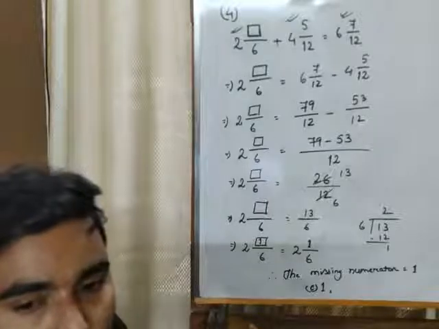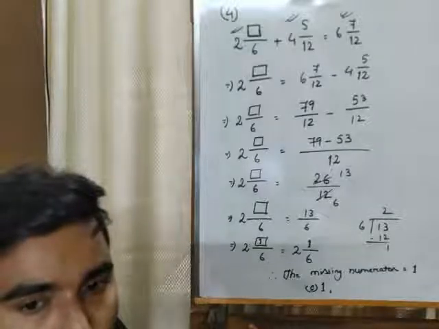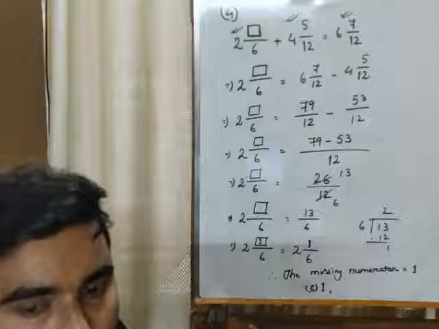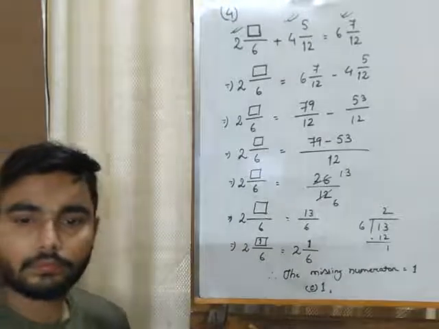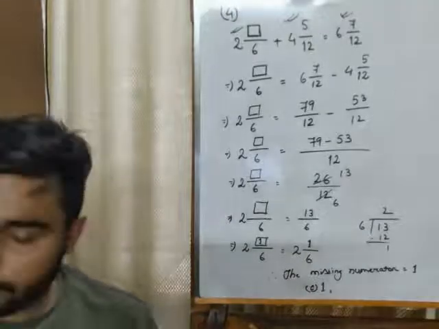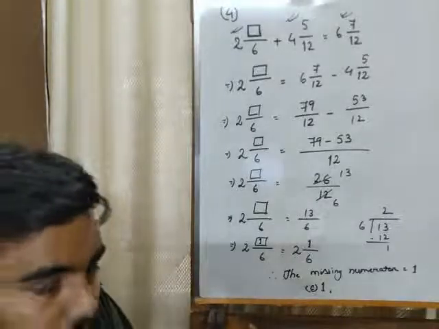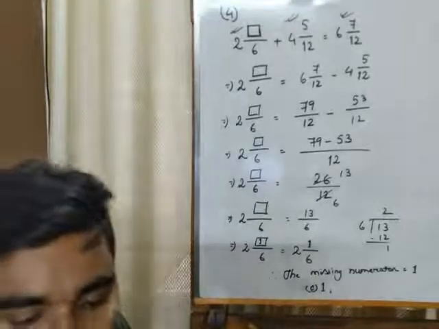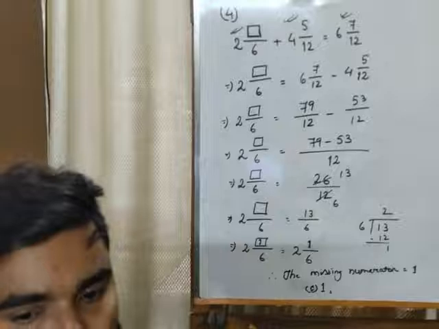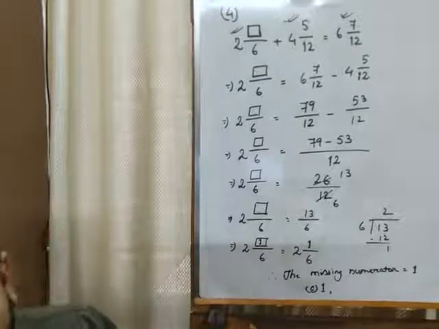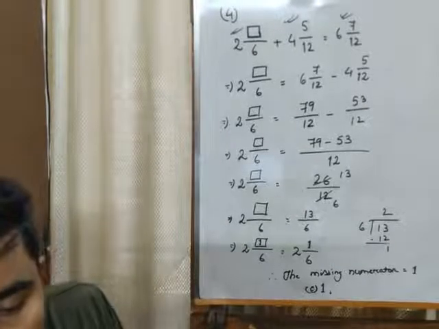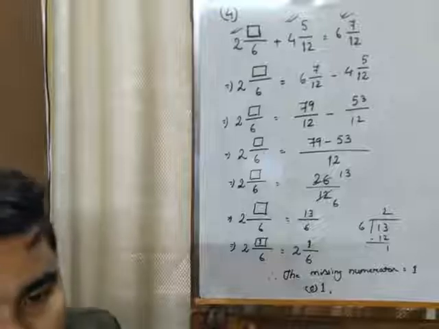Is it clear, everyone? Let's see next. Question number 5 is important. Try to read it properly. Okay, I'm explaining you. Mohit needs to work 45 hours per week.